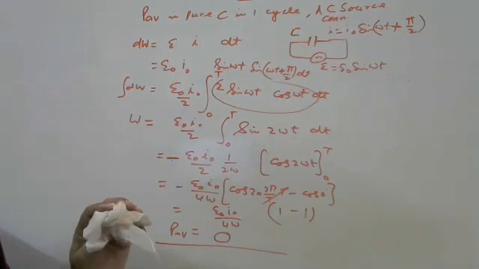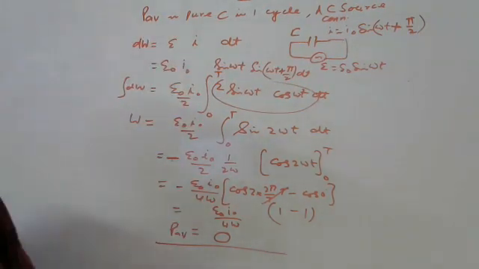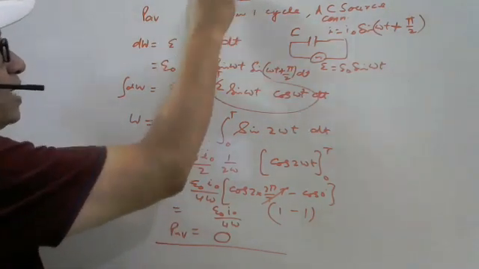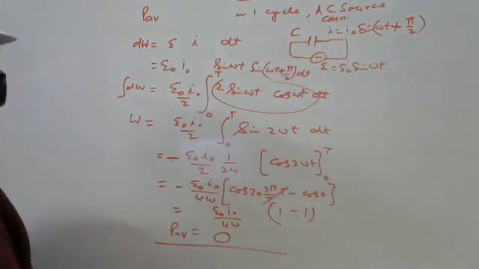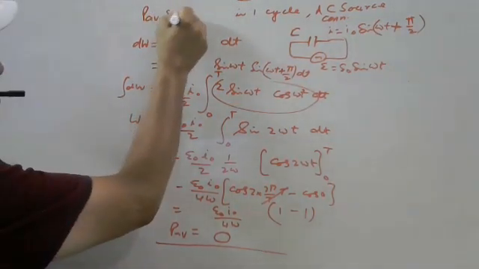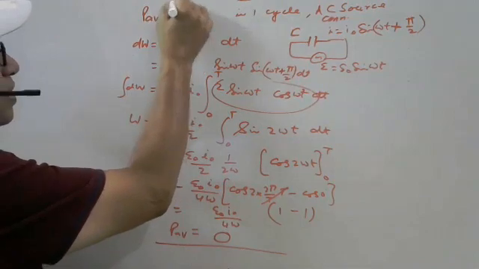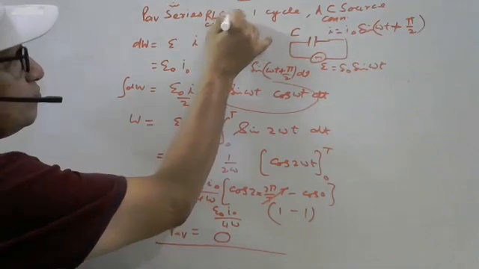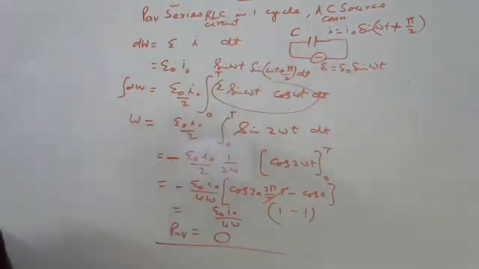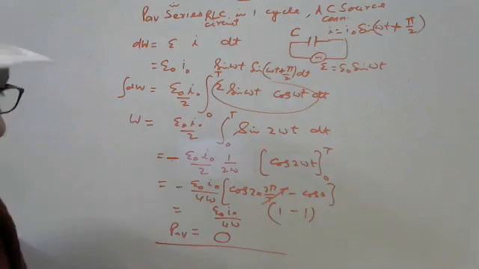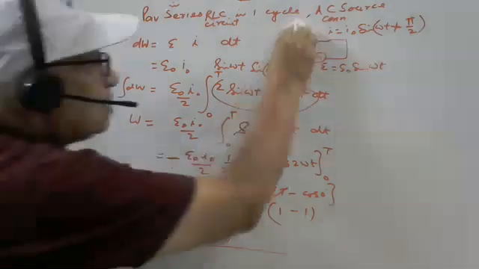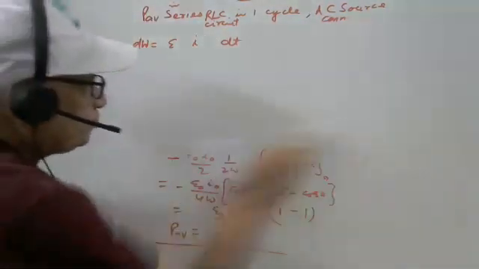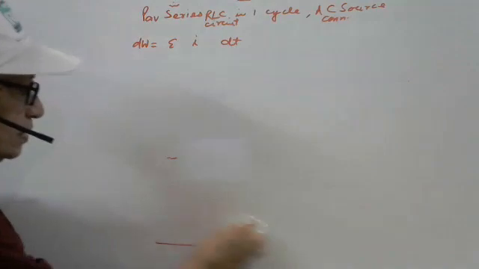Got it? Now we are taking the series RLC circuit, power average in the series RLC circuit. We have taken power average one by one, but now we are taking the power in the series RLC circuit.